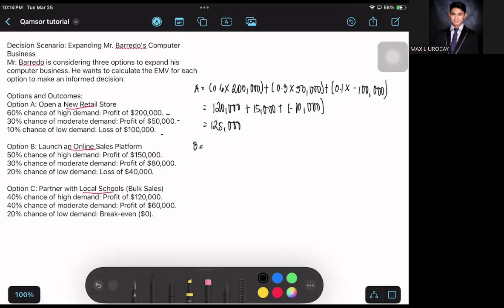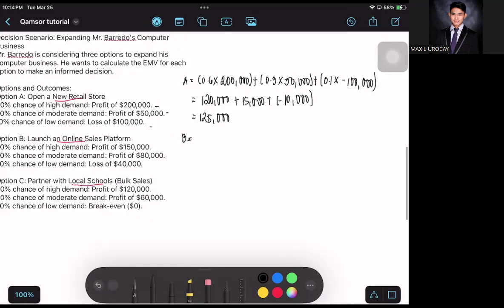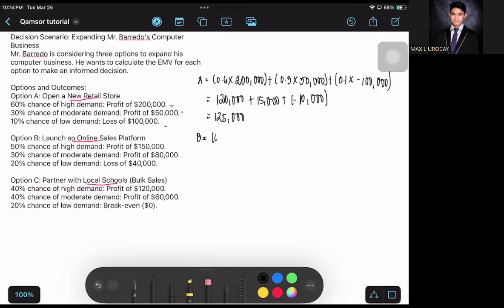Then for letter B, the online sales platform, there is a 50% chance of high demand, with a profit of 150,000. So you have to calculate 0.5 times 150,000, plus 0.3 times the profit for moderate demand of 80,000, and plus the 20% chance of loss, which is negative 40,000.